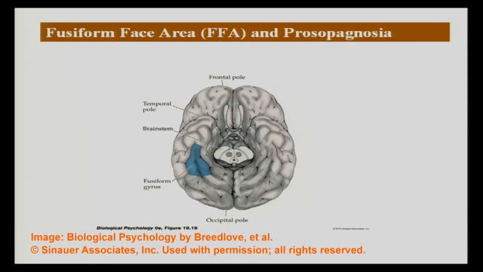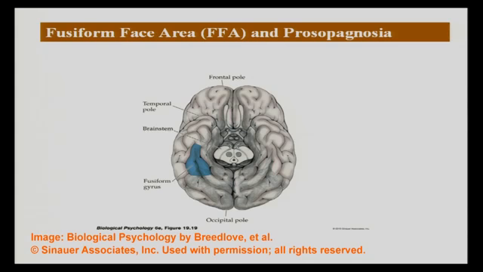And the condition of not being able to name or recognize people or faces is called prosopagnosia. The agnosia is your perceptual inability, and the proso is the faces. And so sometimes this happens by sort of naturally occurring accidents.